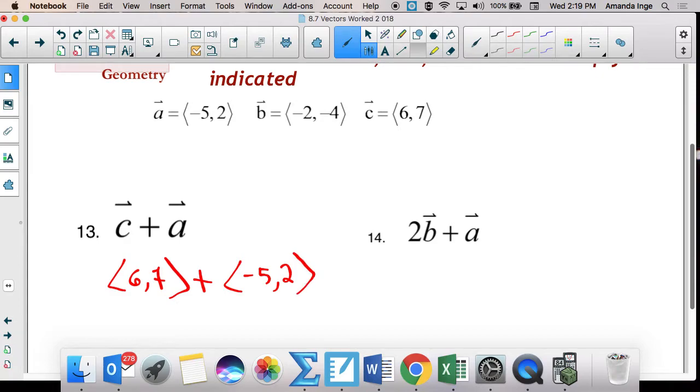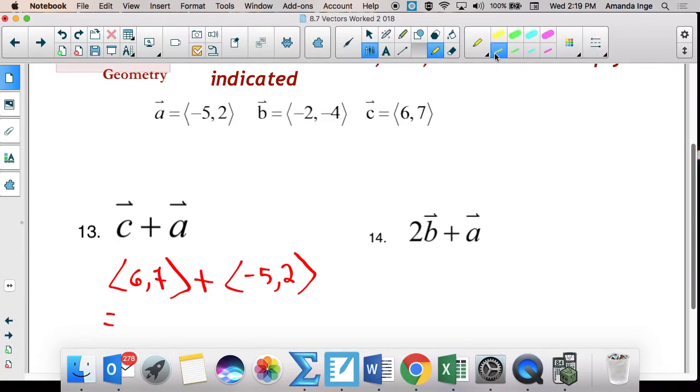So y'all, this is not hard. We're just adding the ones that are in the like positions. So we get 6 plus -5, and we get 7 plus 2.